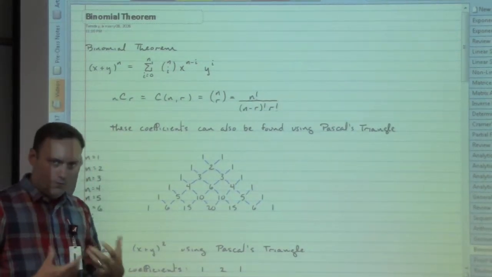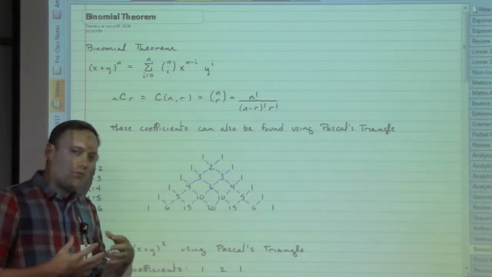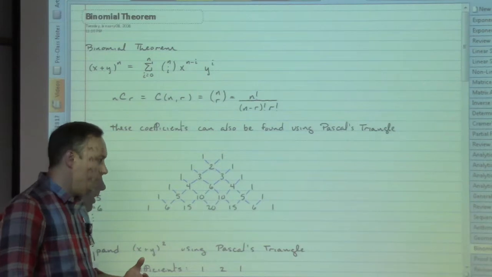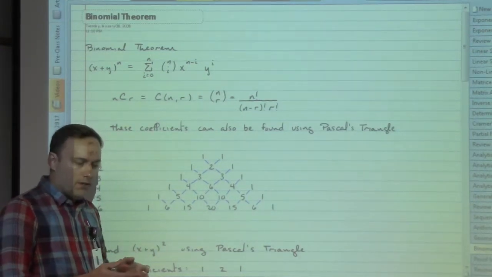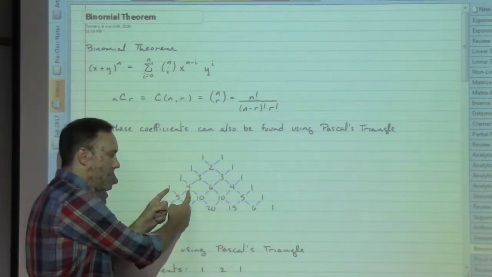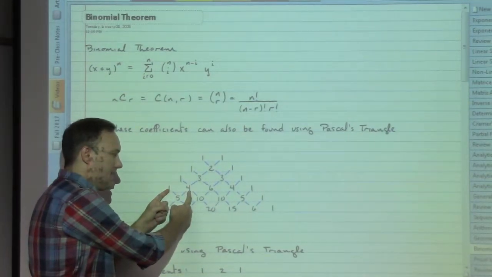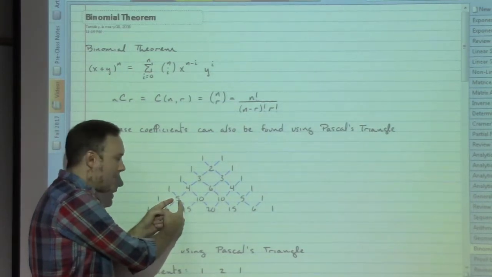There's one other pattern happening. For the rest of the entries, those come from the previous row, with the entries on either side being added together. So there's that 5, just a different way of getting it.